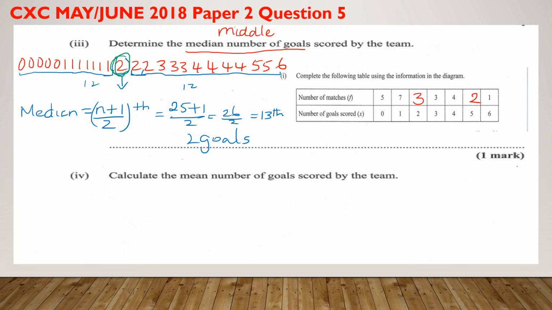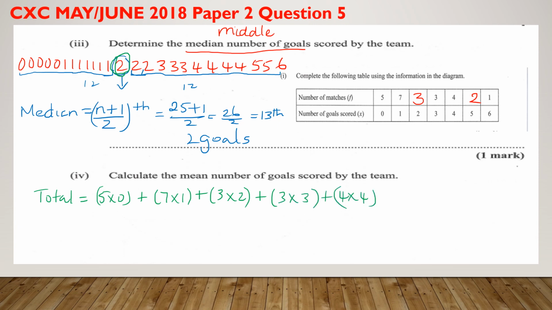Calculate the mean number of goals scored by the team. So what we're going to do here now is find the total first. So total would be 5 times 0 plus 7 times 1 plus 3 times 2 plus 3 times 3 plus 4 times 4 plus 2 times 5 plus 1 times 6.